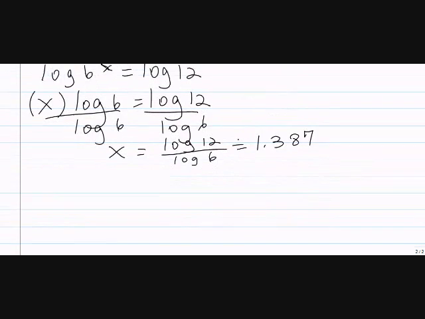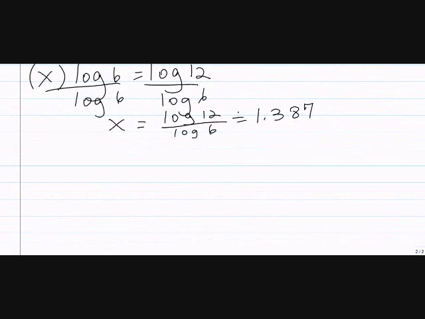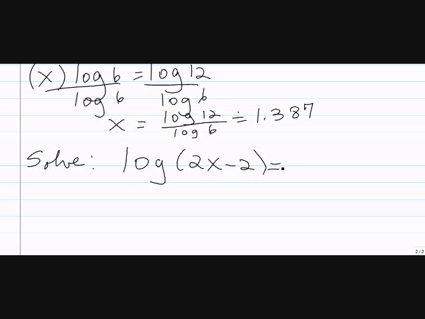Okay, so now we're going to solve some equations with logarithms. Let's solve, and you're lucky these are all going to be base 10. Log base 10 of 2x minus 2 equals 4.